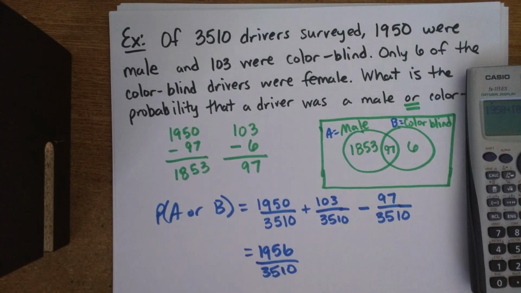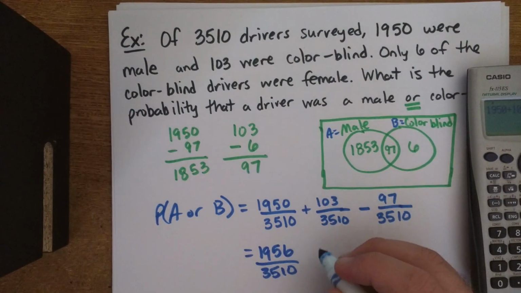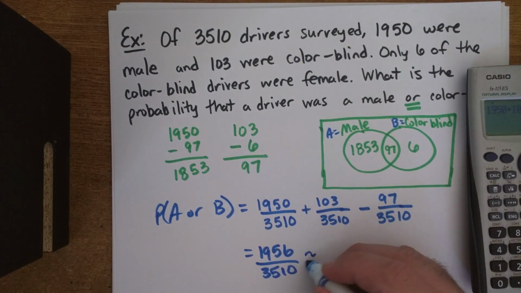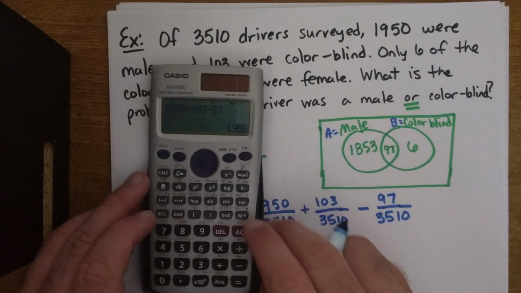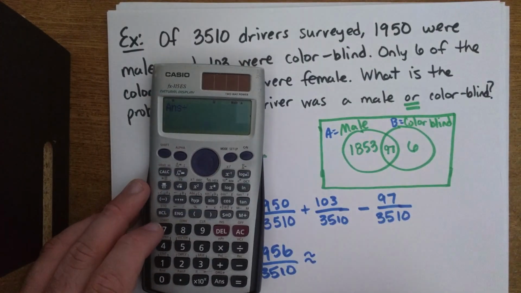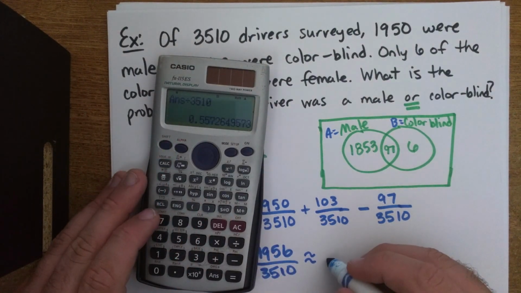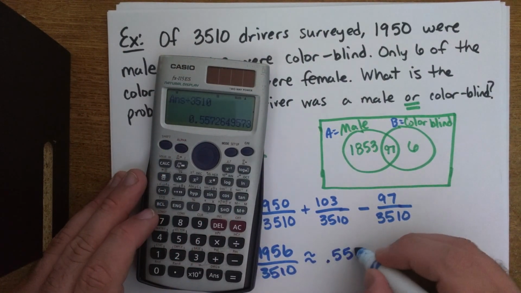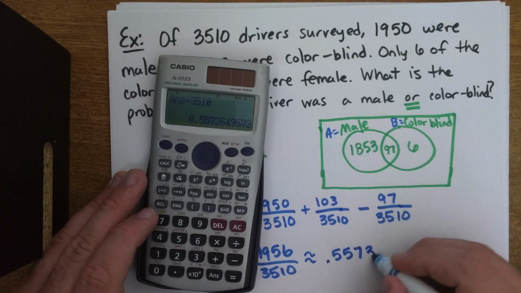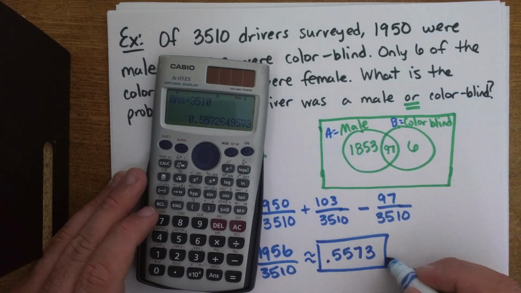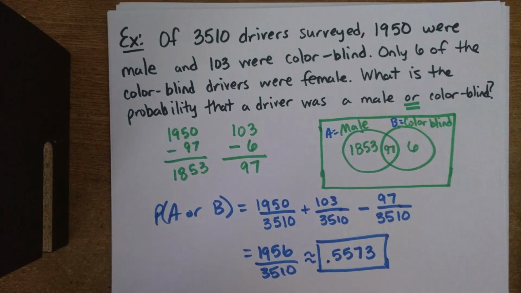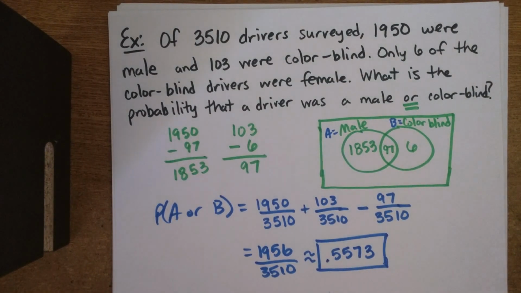And that's our probability. We can either reduce it, but actually we're just going to go ahead and give a decimal. So if you divide that by 3510, we get 0.5573. That's our probability of selecting a male or someone that's colorblind.